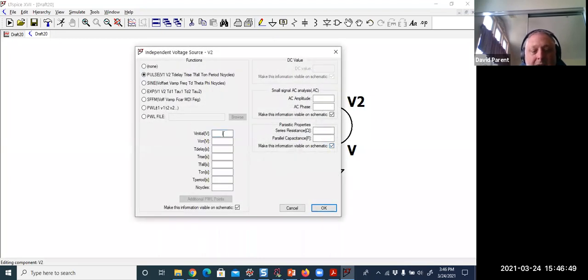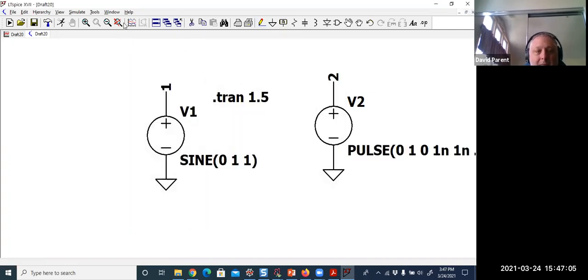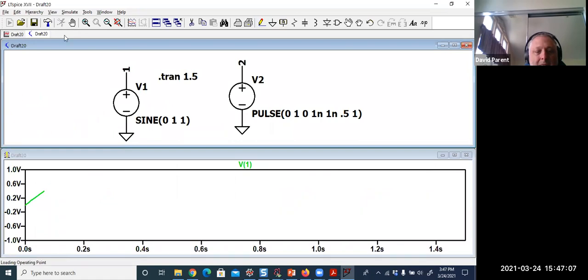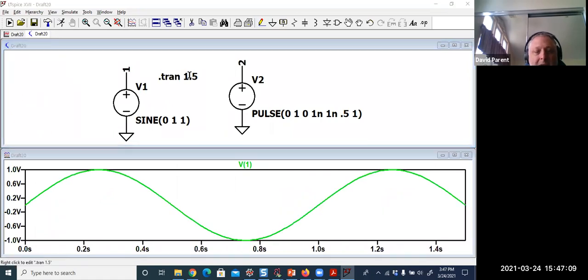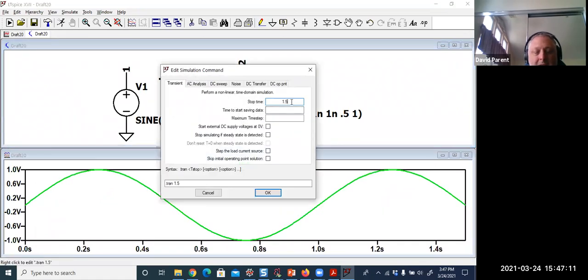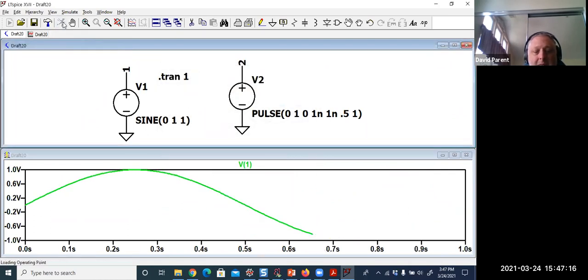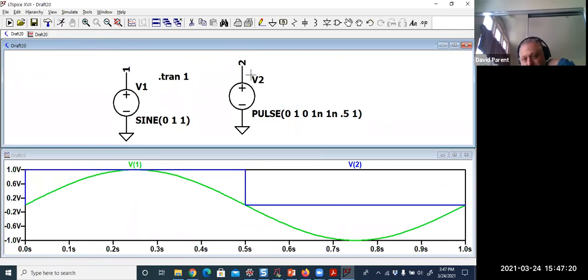I'm going to do a square wave, but it's going to be 0 to 1, very small rise times, 0.5 seconds on with a period of 1. And we'll run that for 1 period.